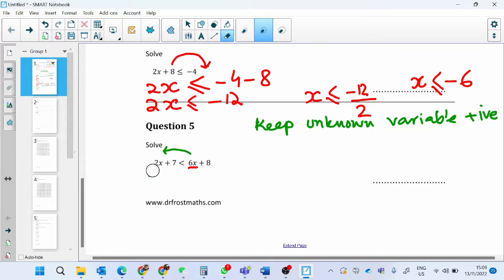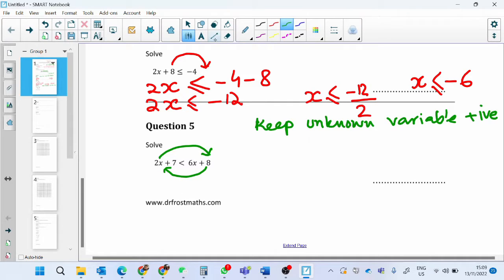So we will not apply this strategy, and we will move this 2x to this side of the inequality and this 8 to this side of the inequality. So this will look like -8 + 7 is smaller than 6x minus 2x.